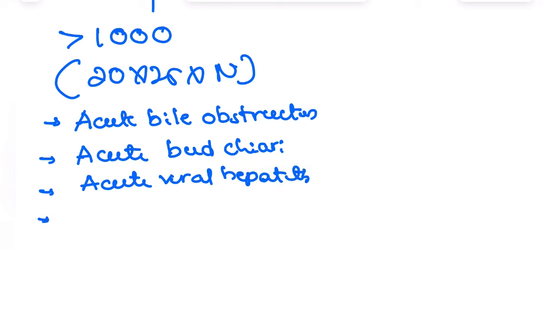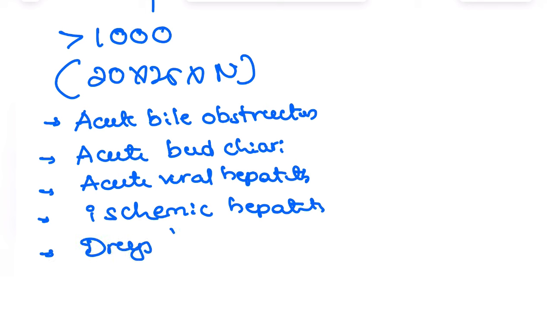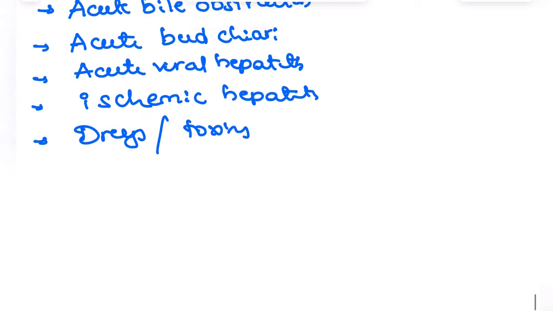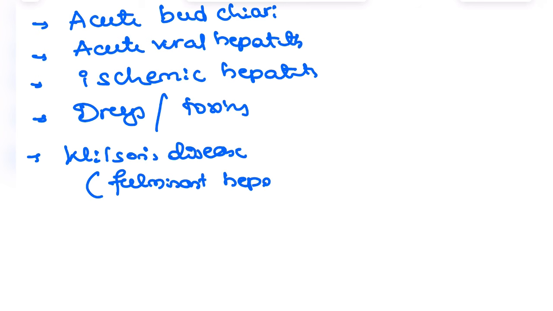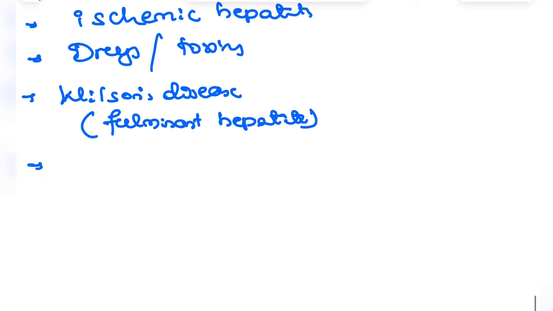And ischemic hepatitis, drugs and toxins, and Wilson's disease, especially when it presents as fulminant hepatitis, not the chronic form. And some autoimmune conditions, autoimmune hepatitis.